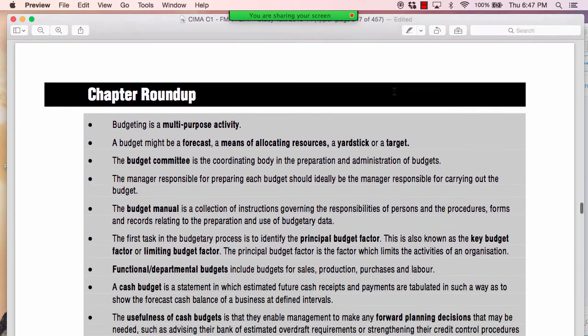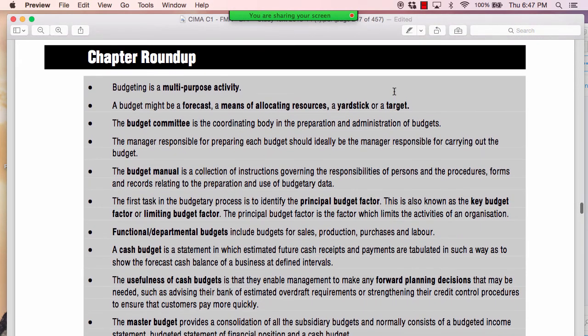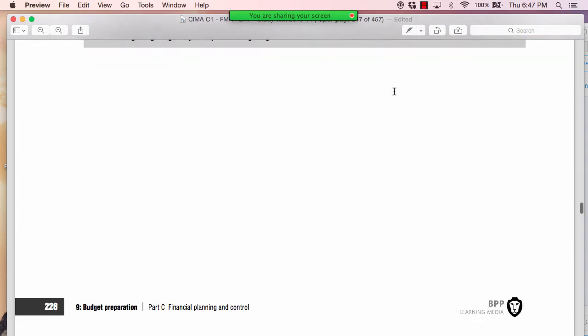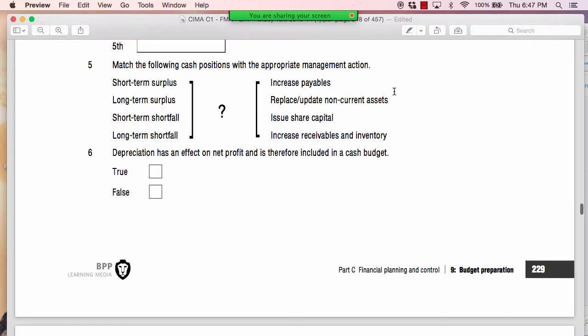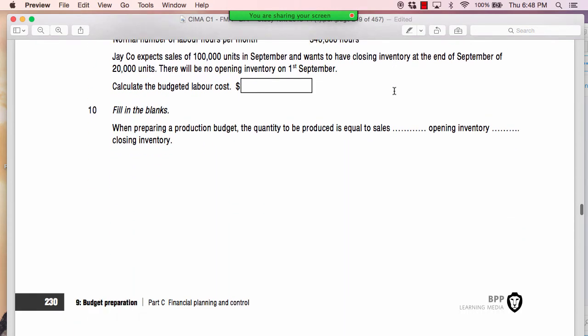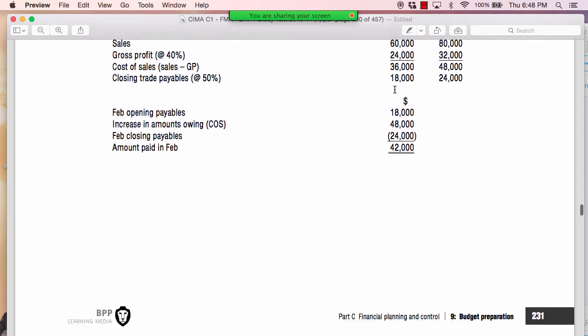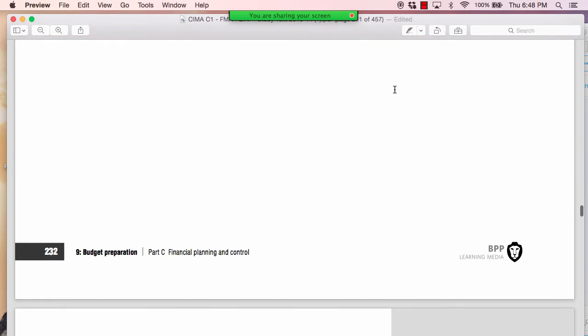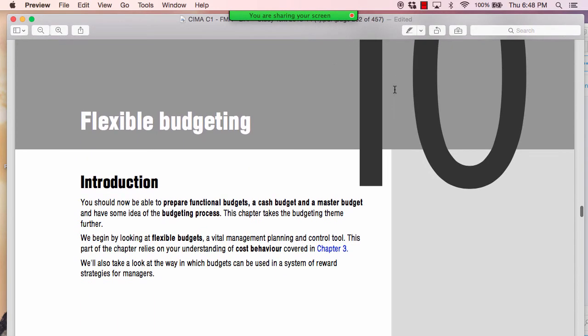Okay, so that ends our budgeting side of it, right? The first section. Now let us go through the second section, which is about flexible budgeting, right? As the name says, what do you think flexible budgeting is? Shweta? What do you think flexible budgeting is?